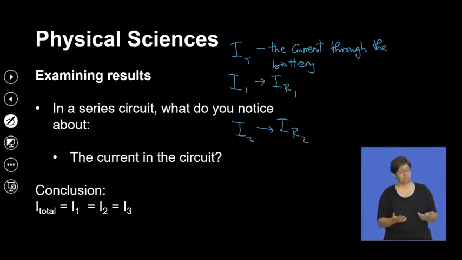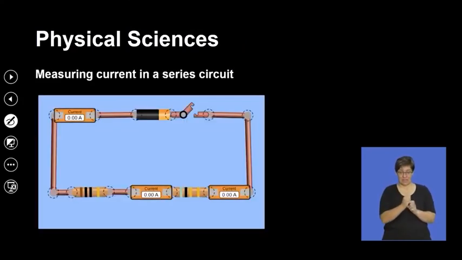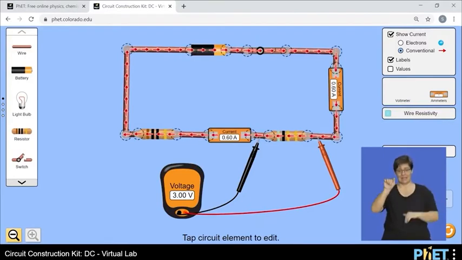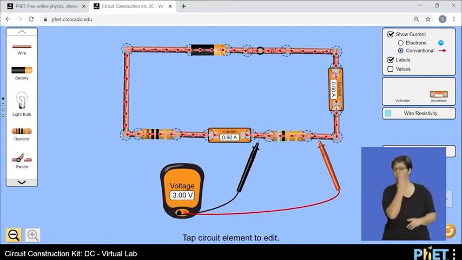Now we realize that the magnitude of current that passes through each one of them is the same amount. Through the battery we have 0.6 amperes, and through R1 and R2 it's also 0.6 amperes. What is the thinking behind that? There is only one path that current uses in the circuit.